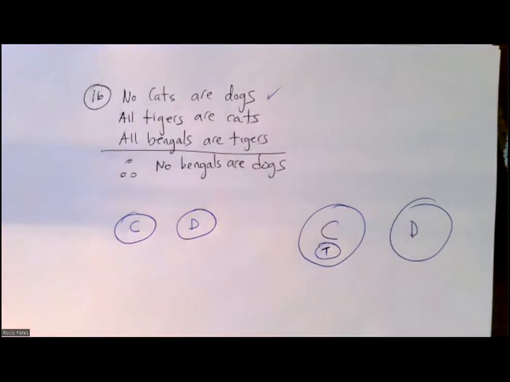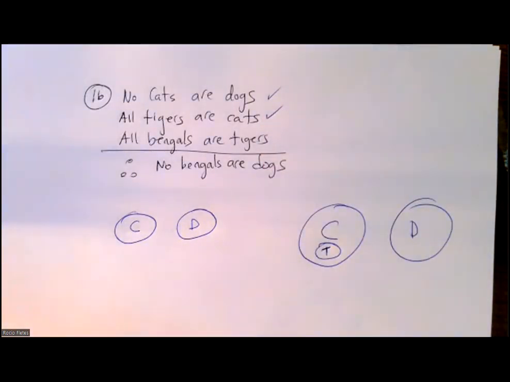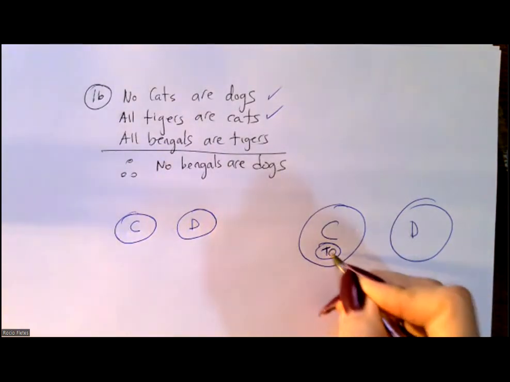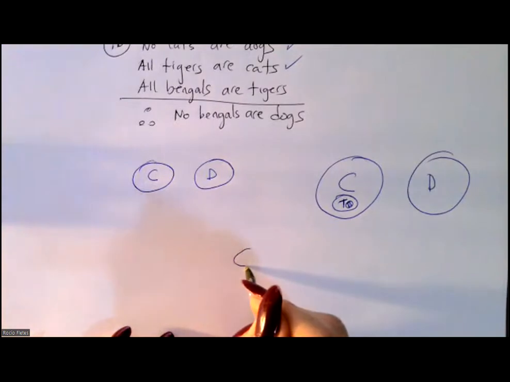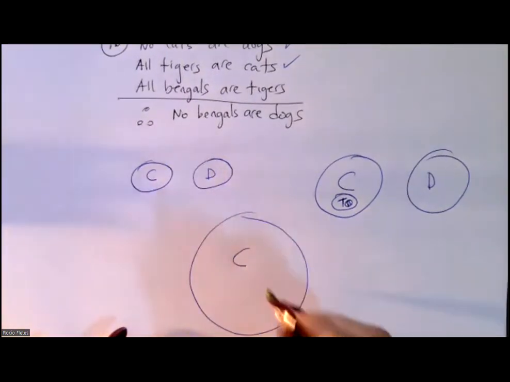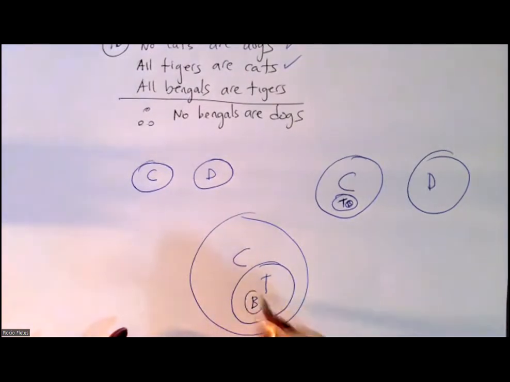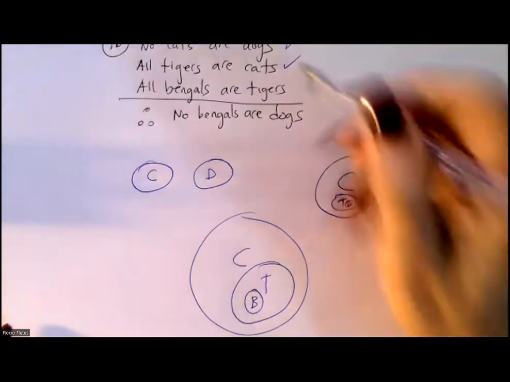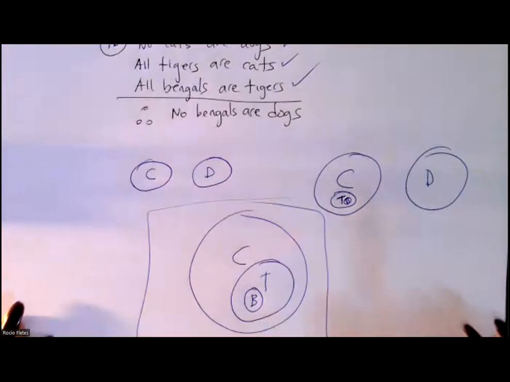And then all Bengals are tigers, so we have another set B inside of T. So here's C, and then we have the T set, and then we have the Bengals inside of T, because we're saying all Bengals are tigers. This is the only case you can build right here.